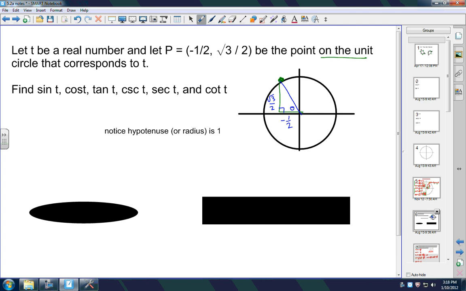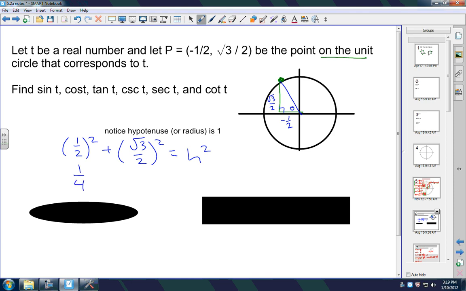Now just so you can see this, I'm going to show you why the hypotenuse is going to come out to be 1. We want to find the value of that blue line there. Well, we do Pythagorean theorem. So I'm going to take 1/2 squared. I'm not even going to put the negative in there. I'm going to take a square root of 3 over 2, and I'm going to square it. That's going to give me my hypotenuse squared.